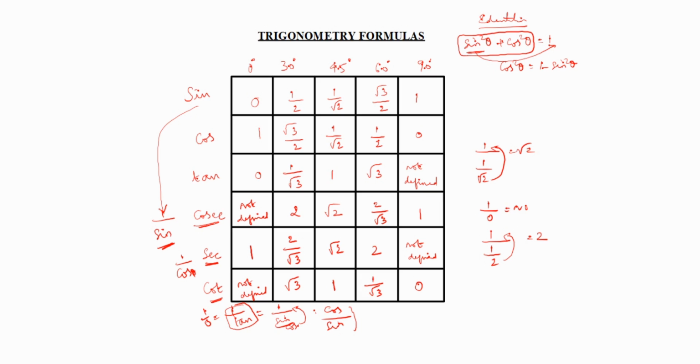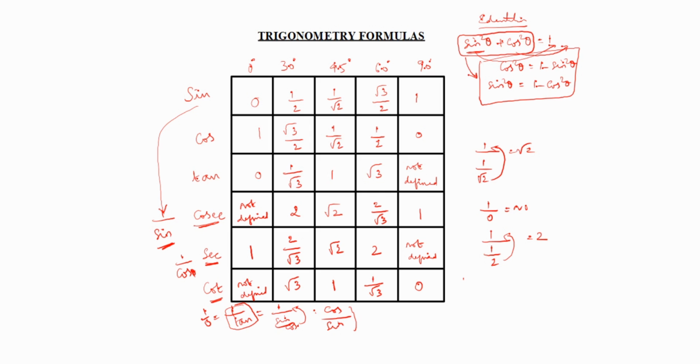You have to keep sin square theta on this side, and the cos square theta goes to this side, so sin square theta equals 1 minus cos square theta. These two formulas you have to derive from this formula: sin square theta plus cos square theta is equal to 1.